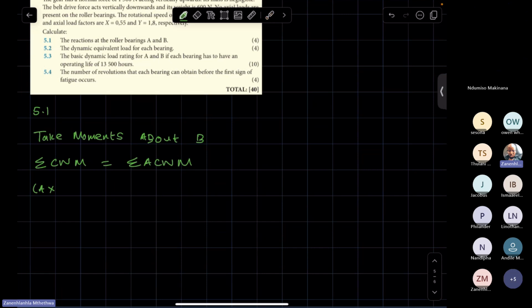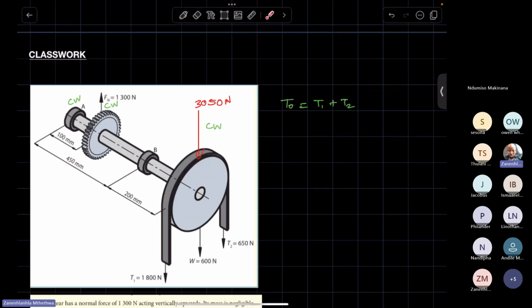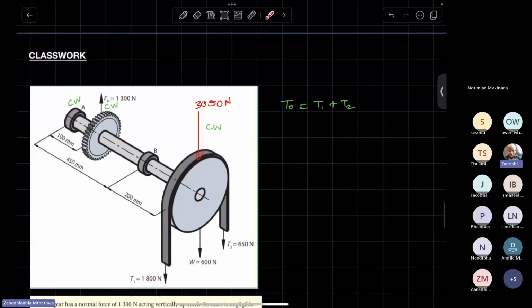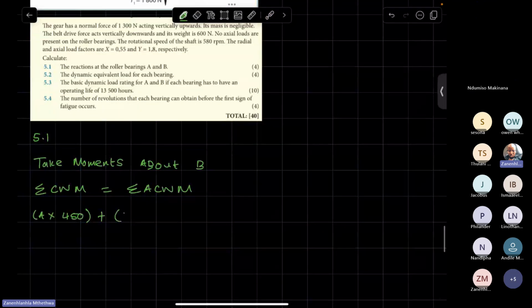So A times 450, plus the normal force, which is 1,300, times the distance between the normal force and B. What is that distance? 350 millimeters.